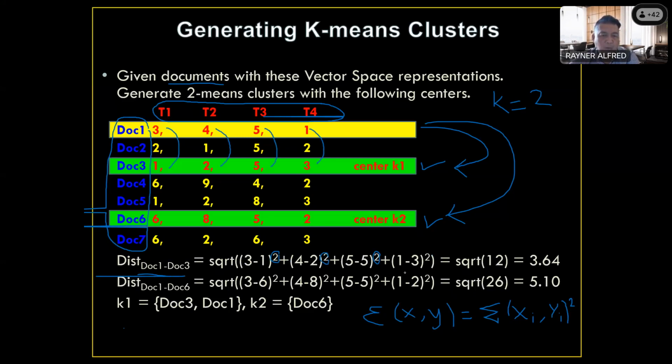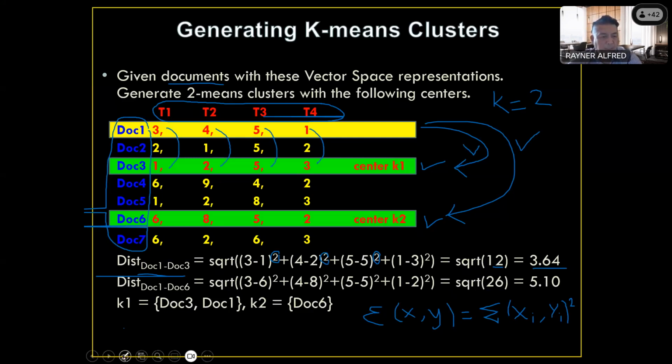We sum up all these differences and then take the square root, and we get 3.64. This number refers to the difference between document 1 and document 3. Next we want to measure the distance between document 1 and document 6, because we want to decide whether they're closer to K1 or K2.